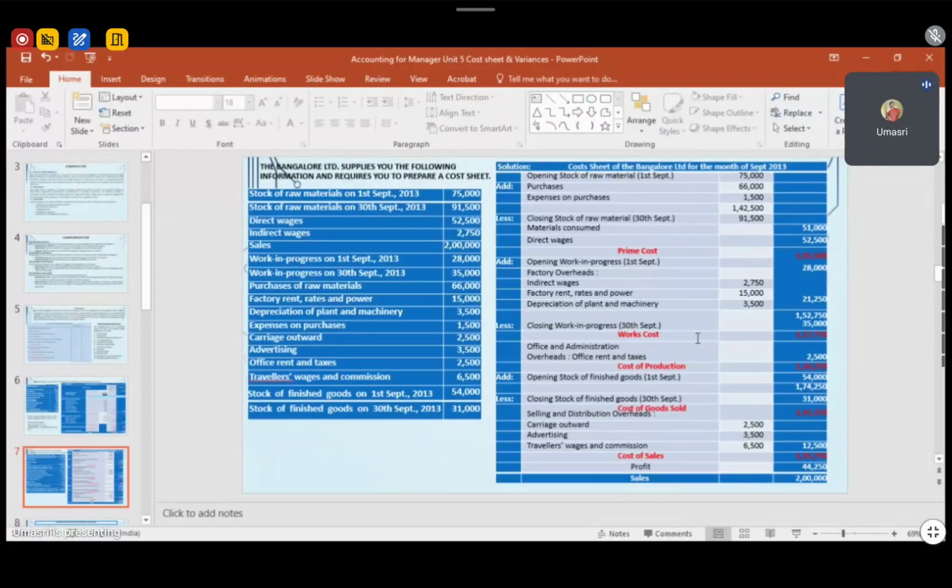Then adjust opening and closing stock of finished goods to get cost of goods sold. Cost of goods sold plus selling and distribution overhead is cost of sales. You add some profit, that is called sales. Do you understand this problem?